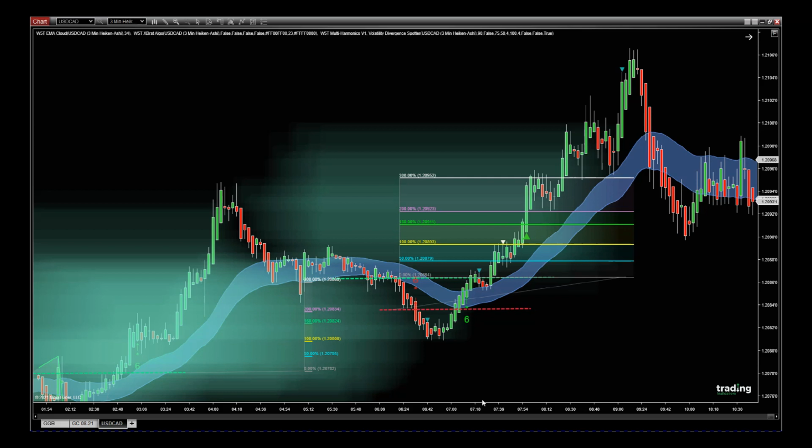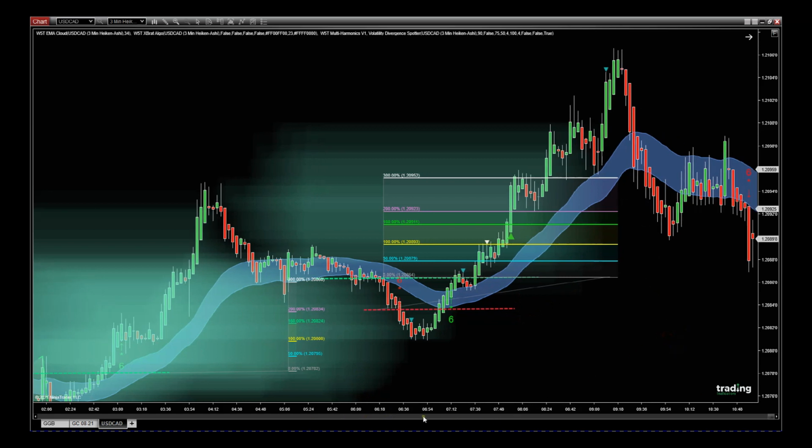If you'd have added to that trade with this xBrat 6-star signal here, that was worth another $2,000. So that's a $5,000 trading day so far. And then you've got this next trade, which comes an hour or so later, which is another $3,000 trade. That's $8,000 in the space of 4 hours.